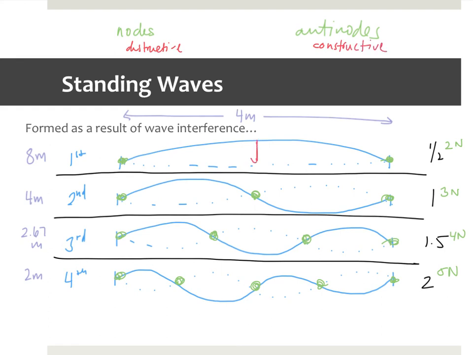It's right here. So there's 1 for the first, we have 2 for the second, 3 for the third, and 4 for the fourth. So you're always going to have the same number of antinodes as the order. So I'm writing it off to the side for you guys to see.